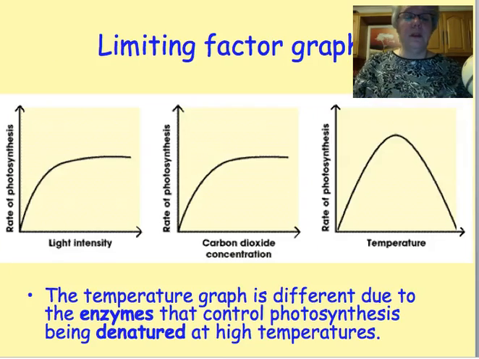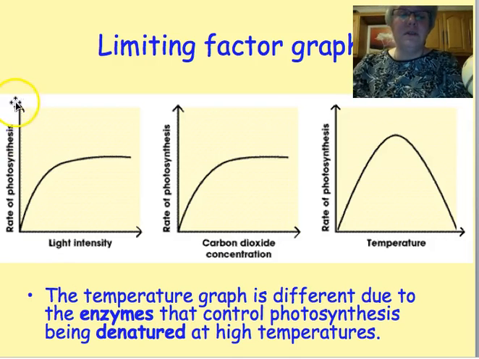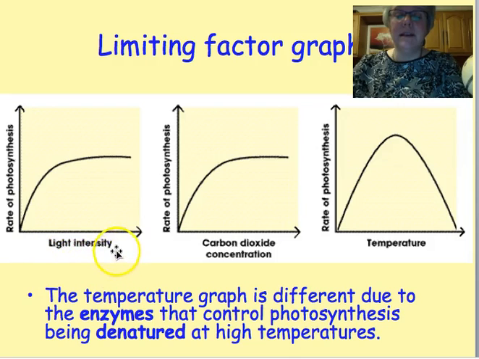So if we have a little recap with some of these limiting factors graphs, in this graph over here, you'll see light intensity is the limiting factor on this part of the slope. After that, as it evens off, it will be something else, carbon dioxide concentration or temperature.